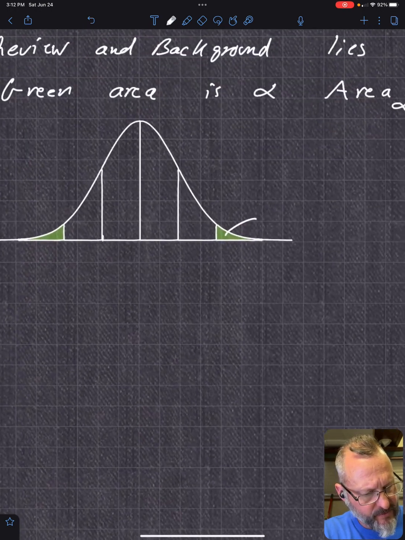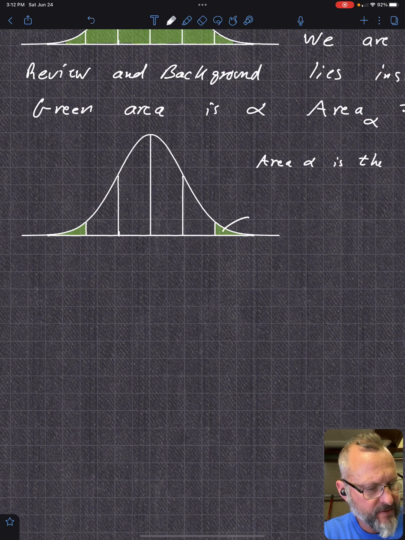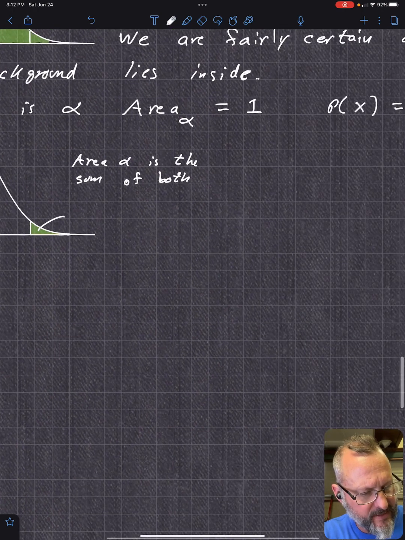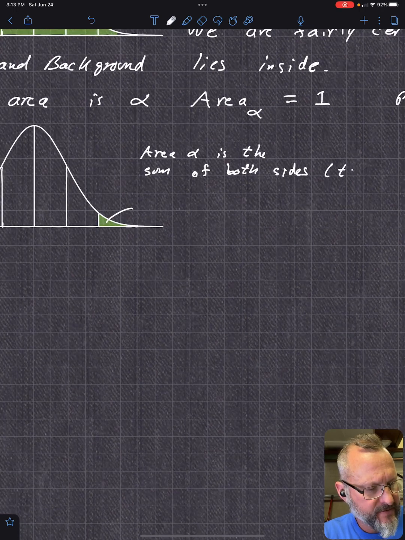So that means the area alpha is the sum of both sides, and we call those tails.